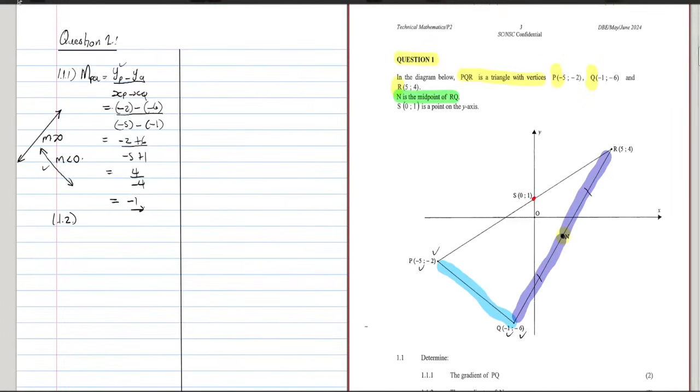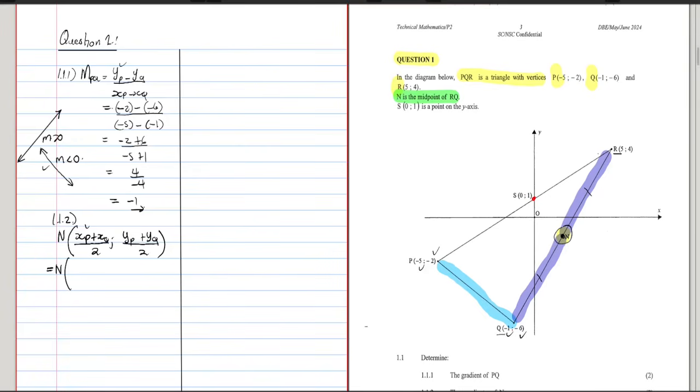Right here. All right, so the midpoint formula is, since the midpoint is N, I'm not going to use M, I'm using N. The midpoint N is between two points, R and Q. So it's going to be (xp plus xq divided by 2, yp plus yq divided by 2) equals N. What is xp?